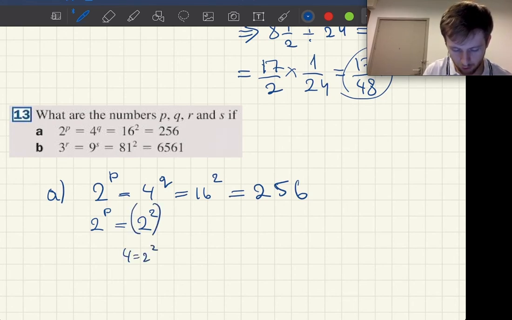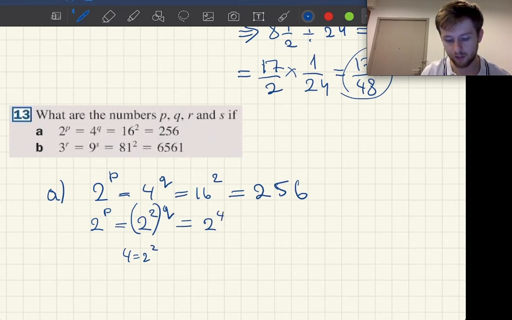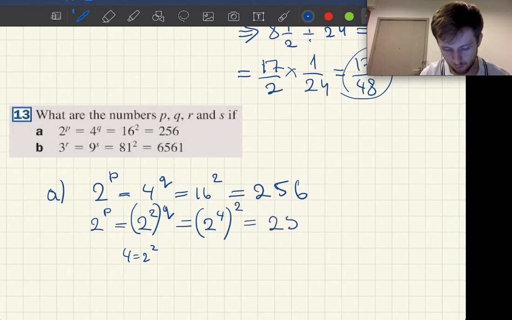And then to power Q, and equals 2 to power 4, because this is what 16 is, and then to power 2 equals 2 to power 8, which is 256. So 2 to power P equals 2 to power 2Q.